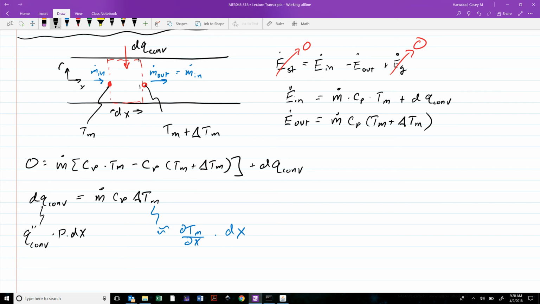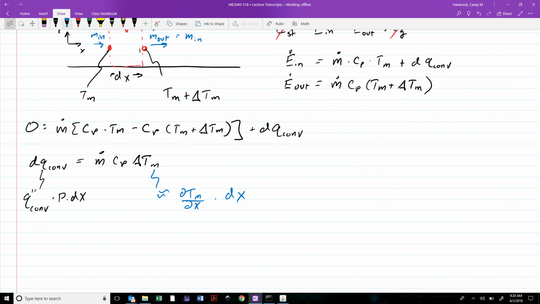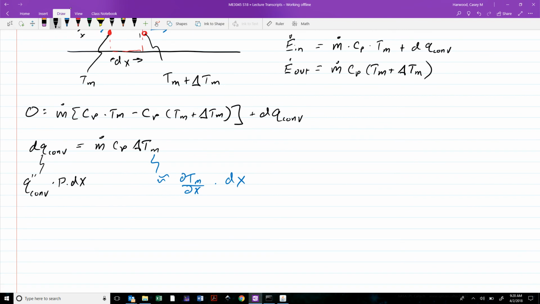So the heat flux times the small surface area that heat flux is occurring through. And then finally, plugging this all in, and we'll end on this last expression. If we do some simplification, q dot P is equal to m dot Cp dTm/dx.